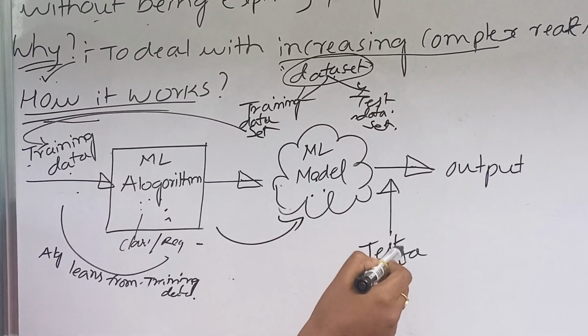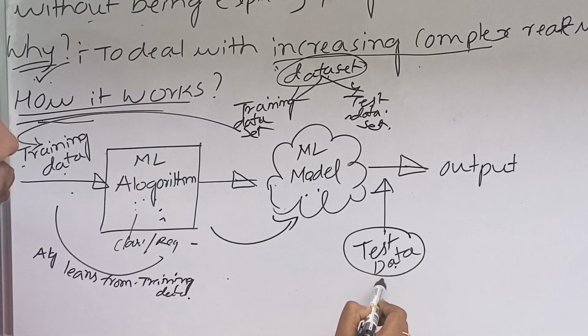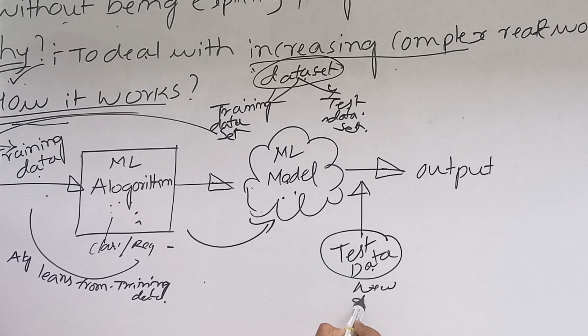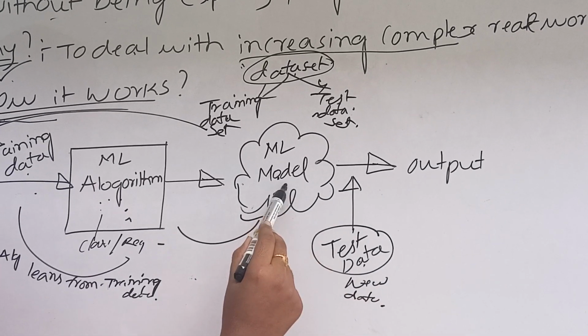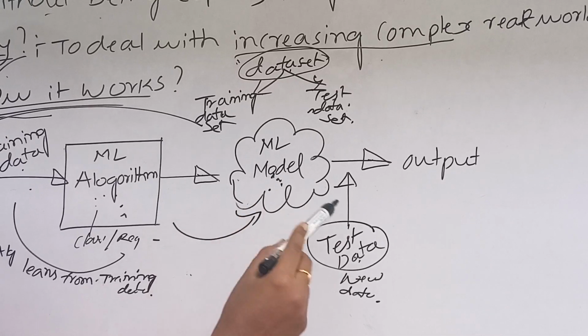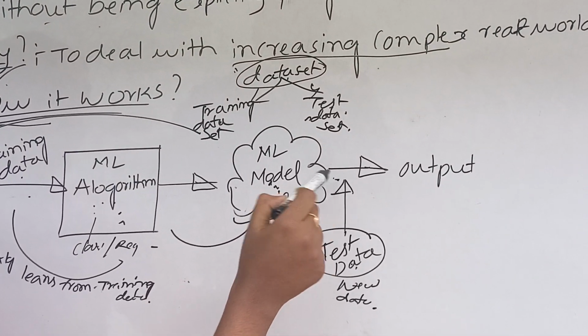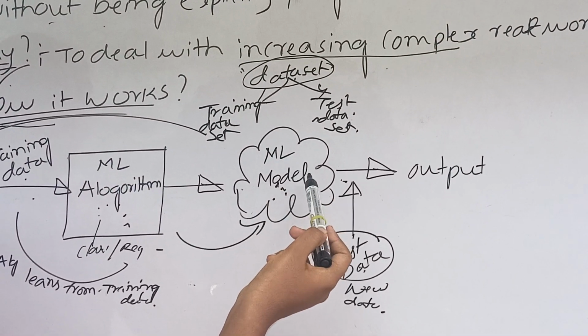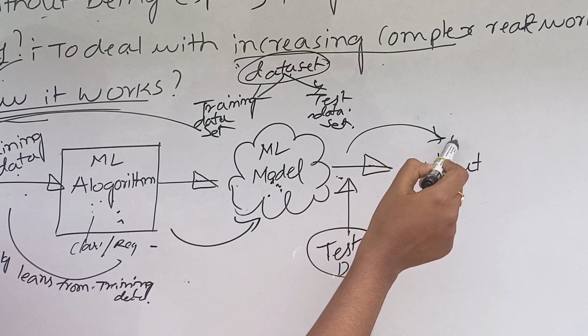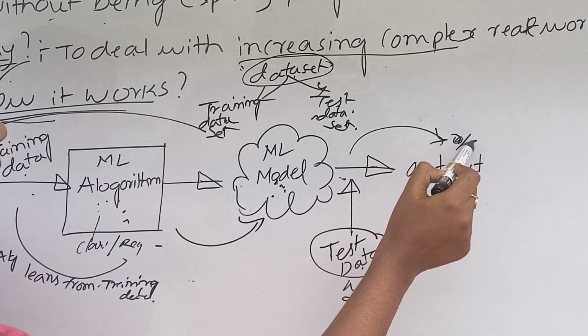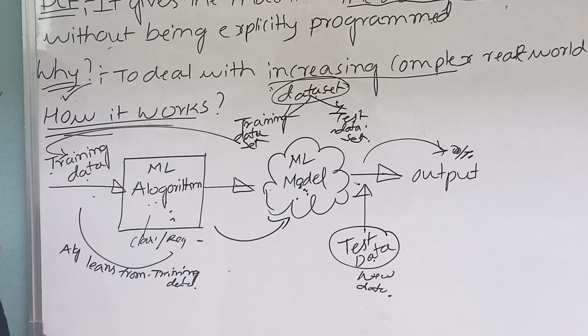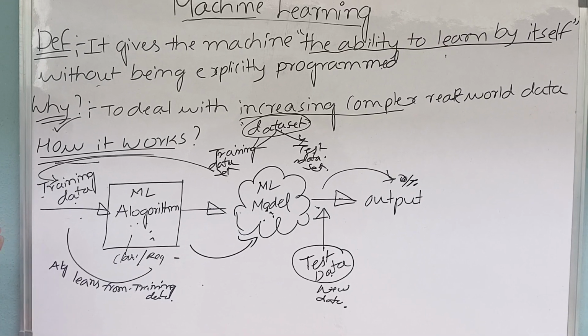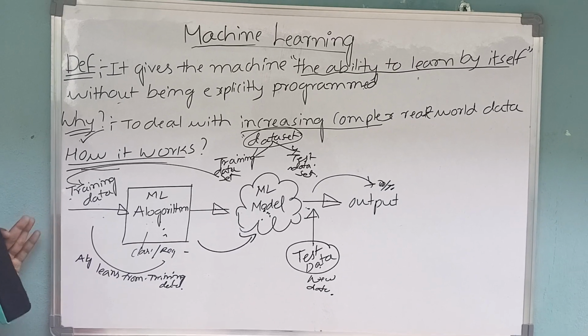So when we give test data, which is new, previously unseen data, to this model, it produces output by itself without any instructions or commands. So this is how a machine learning algorithm works.